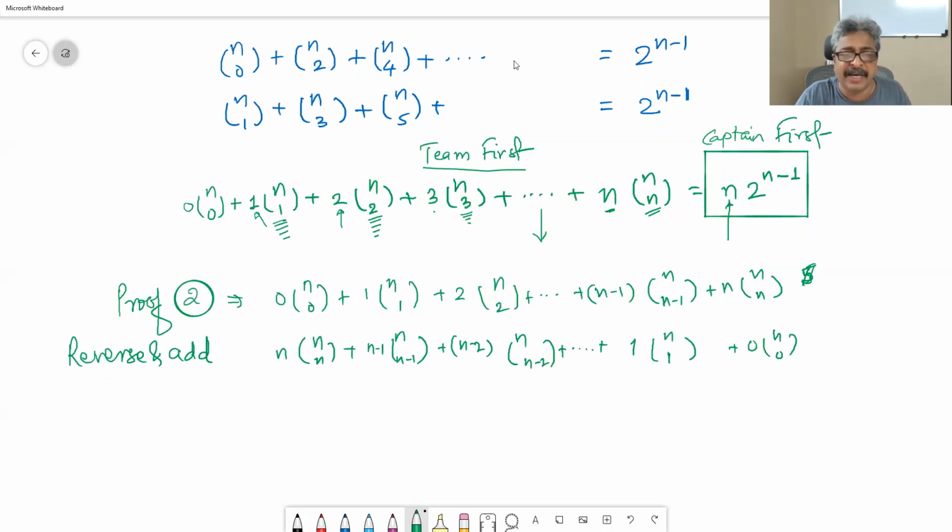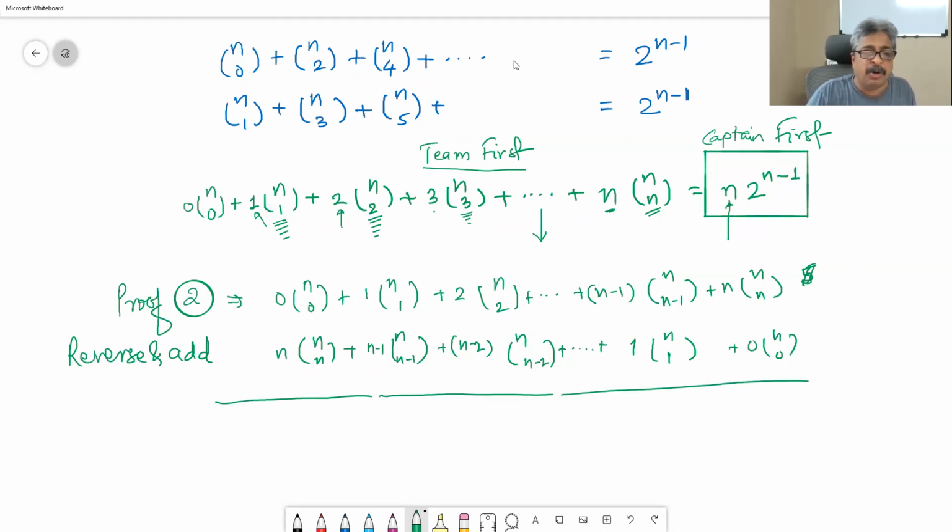Do you understand? Reverse and add. I just changed the sequence of all terms and wrote it below them, and I am supposed to add them now. So if I look at the first term of these two, n choose 0 and n choose n are the same. n choose 1 and n choose n minus 1 are the same. n choose 2 and n choose n minus 2 are the same.